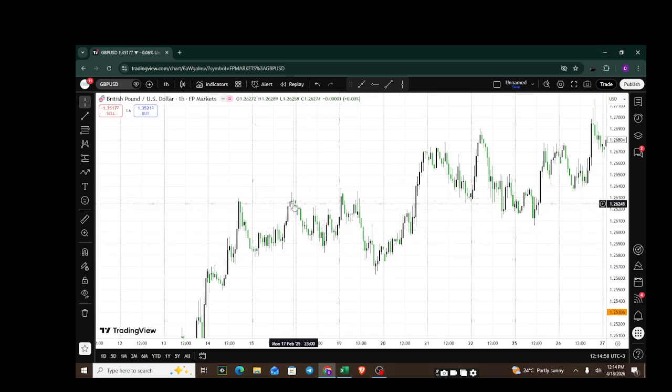So we had a clear high formed on Monday, then there was a retest on Tuesday, before everything went haywire on Wednesday and Thursday and then Friday.